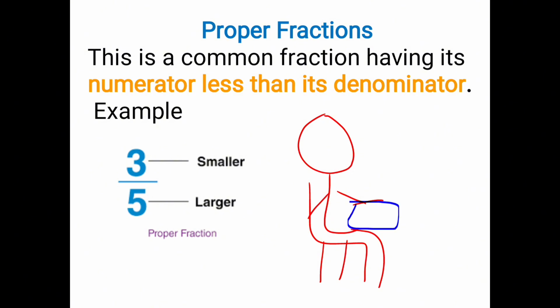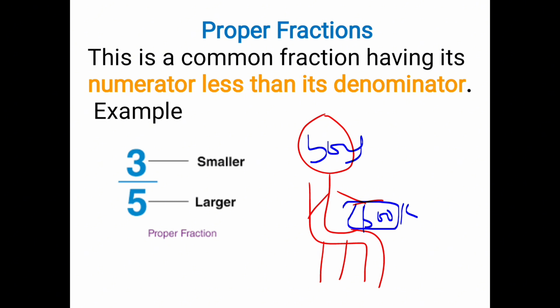You know, it is easy for you to carry your book on your lap, right? Do you understand? So, you carrying your book on your lap is demonstrating how a proper fraction is. Do you understand? Very good.